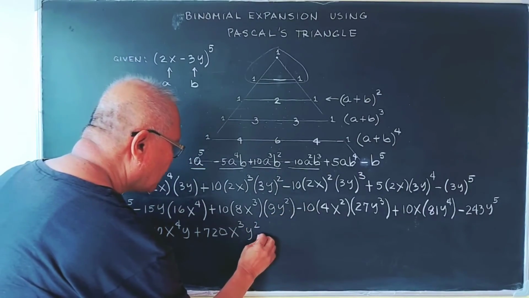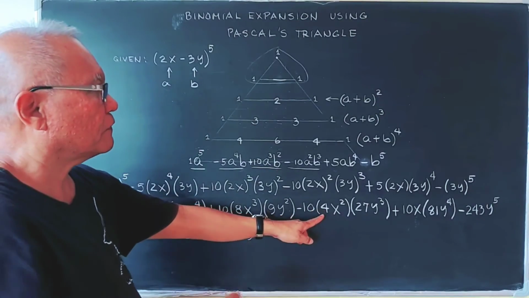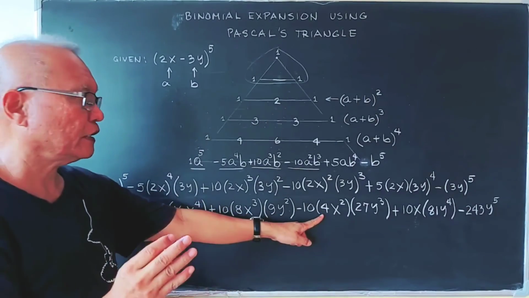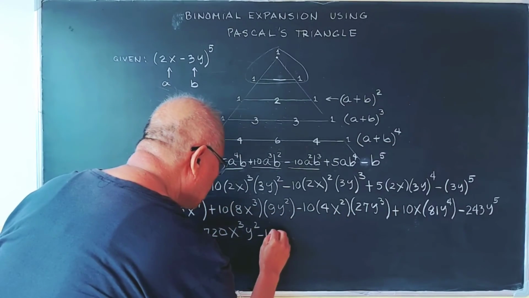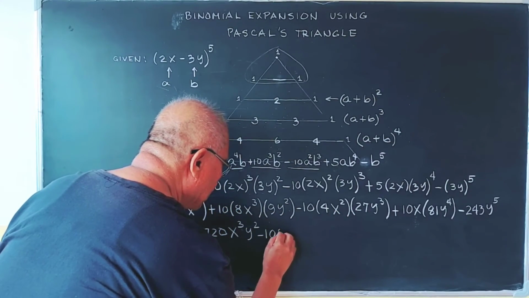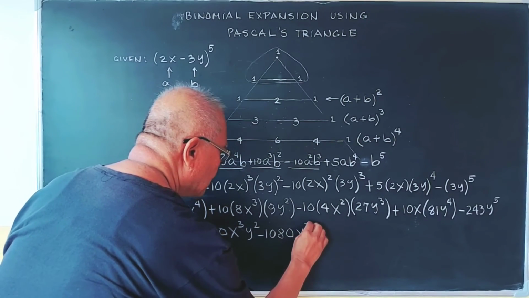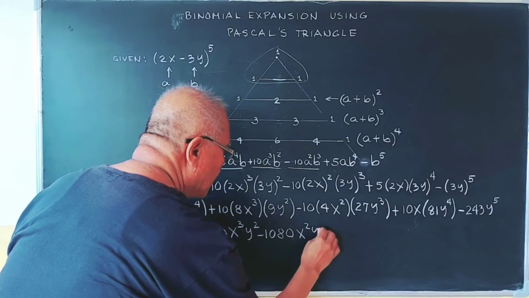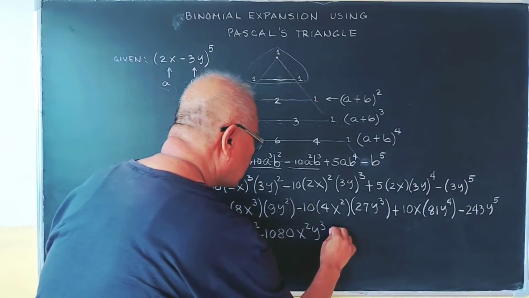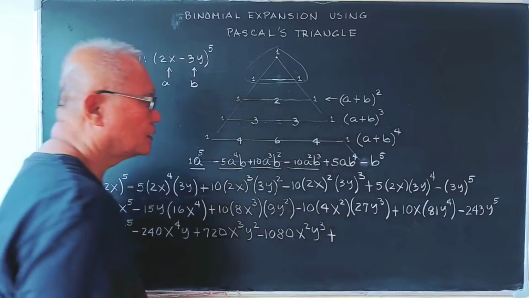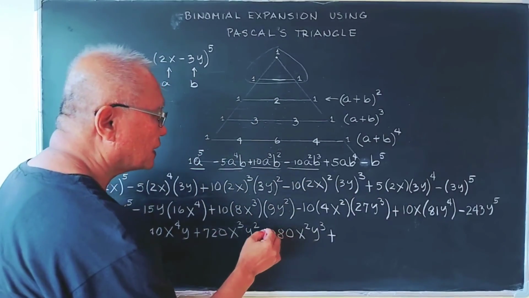Minus, you have that minus there. So you have 10 times 4 is 40. 40 times 27 is 1080. x squared y cubed, plus 10 times 81 is 810.